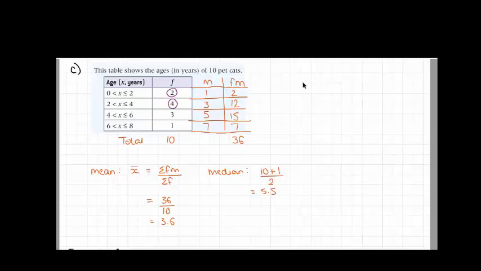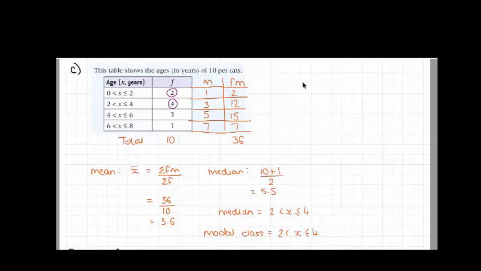We've already gone past 5.5 there because we've got to the 6th term, so our median is between 2 and 4. And for the mode, once again, when we have grouped data, we call it the modal class. So the modal class is just the class where we have the most, which is between the 2 and 4.